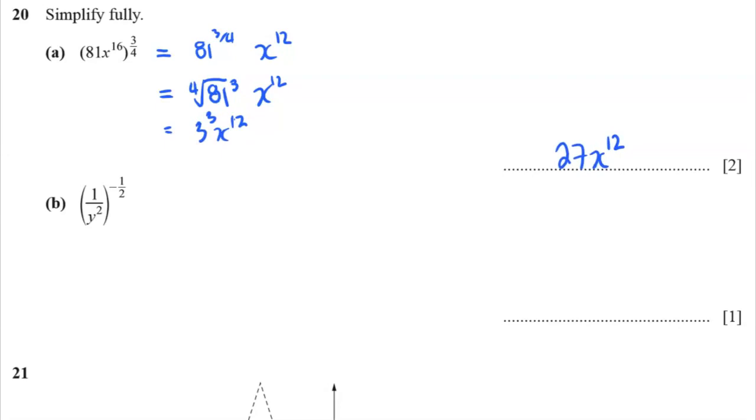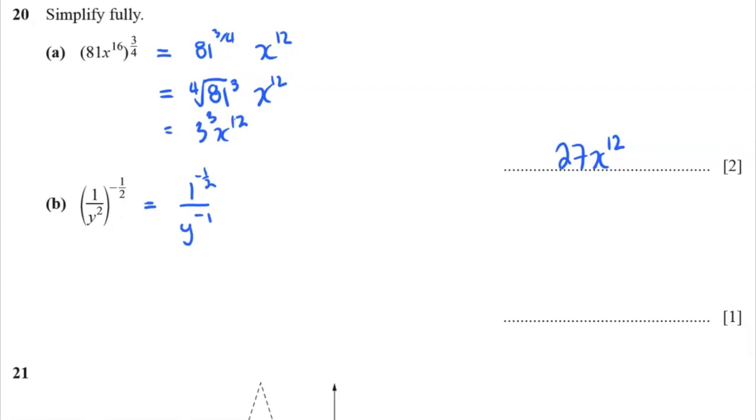All right, for the next one, we're doing the same thing, but this time it's negative a half. Okay, let's try and do it the simplest way. The power of negative a half gets distributed in, and it also goes into the y. And remember, we multiply any existing powers or indices, so negative a half times 2 turns into negative 1.